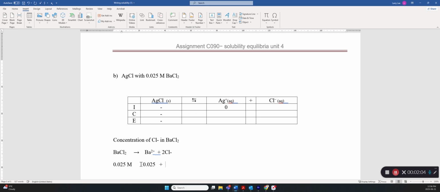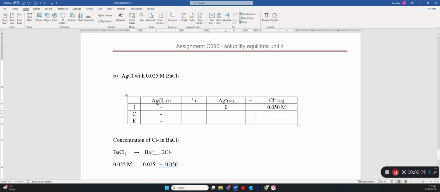The chloride ion is, which is 2 times 0.025, which gives you 0.050 moles per liter. So the chloride ion that is now in common with the AgCl is 0.050 moles per liter, present initially.